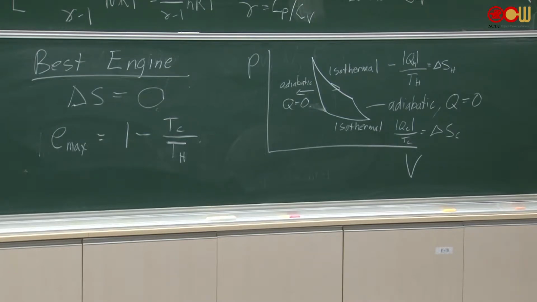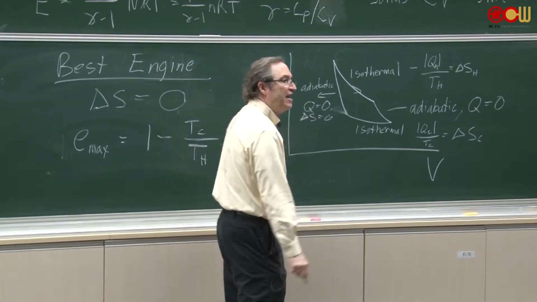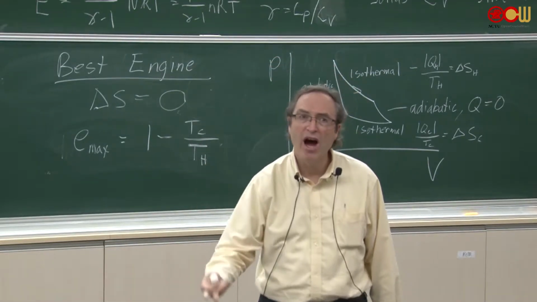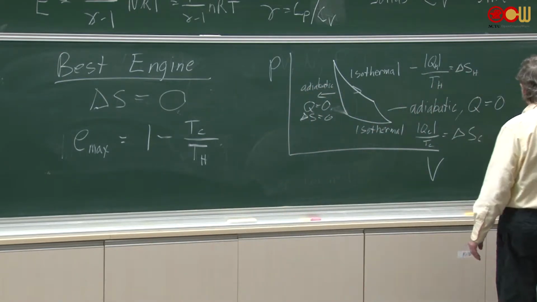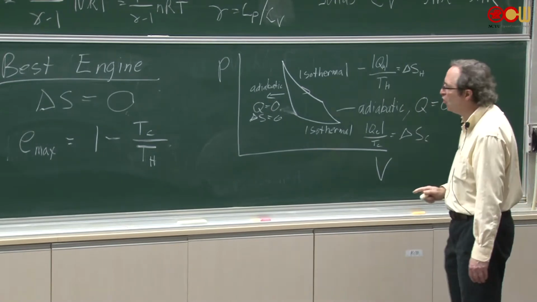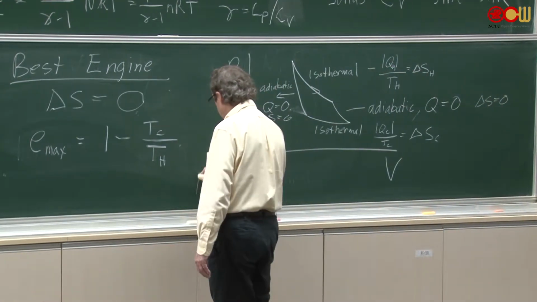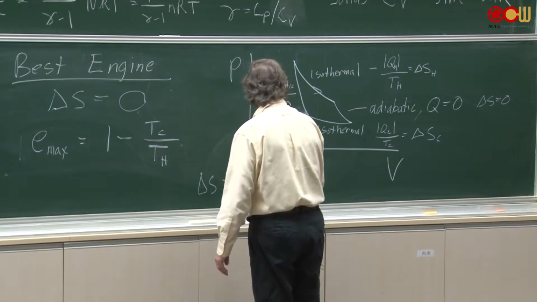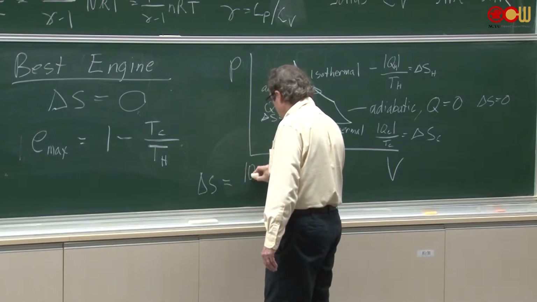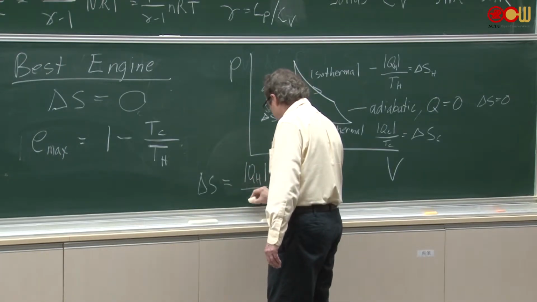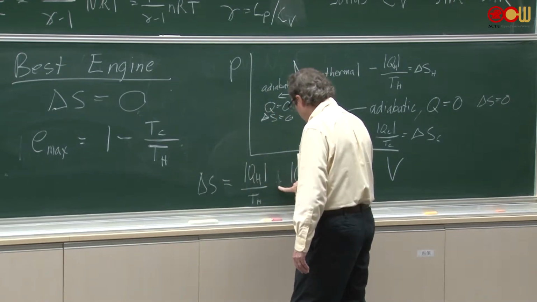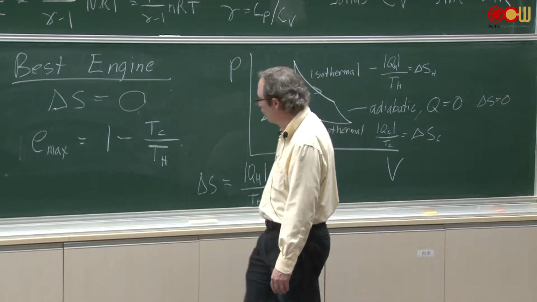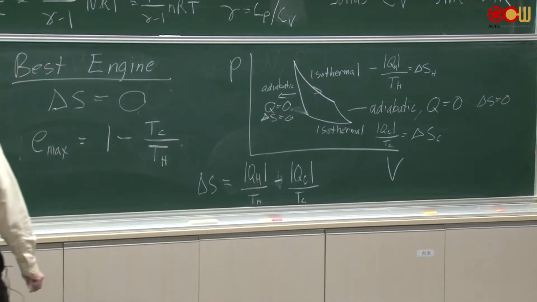So you have delta S here is 0. This is an adiabatic quasi-static process. And then over here, we also have delta S equals 0. So the total delta S is equal to, just like before, this plus this minus this. So that's the total entropy change.